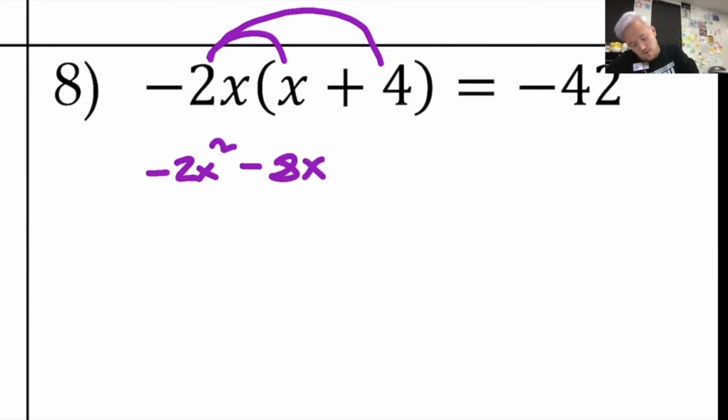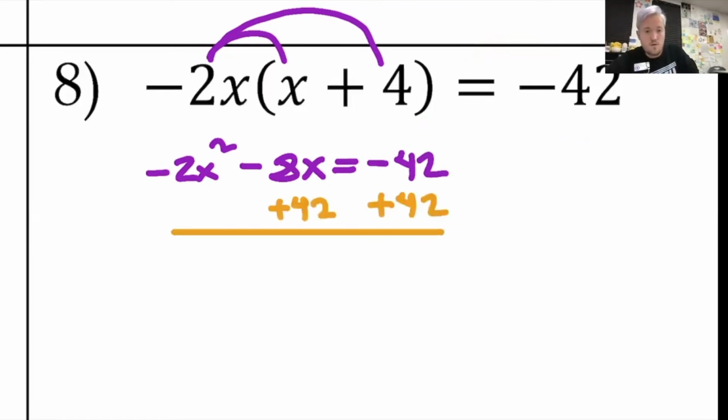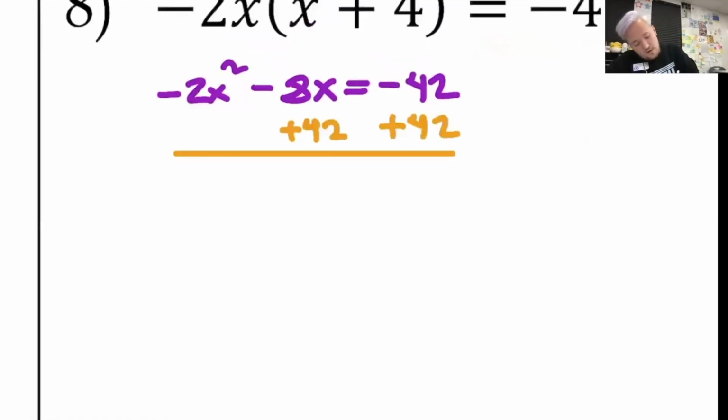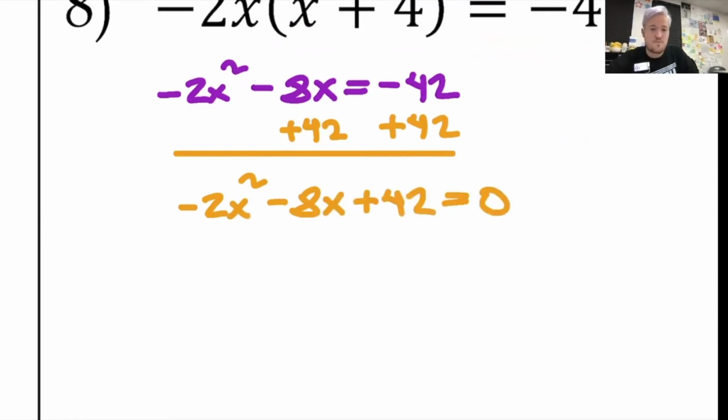And then I'm going to move over the 42. So I'm going to add 42 on both sides, which means here, actually, no, that's one step at a time. All right, so now I have that negative 42, and I'm going to add that over to this side. So I'm going to have negative 2x squared minus 8x plus 42 equals 0.